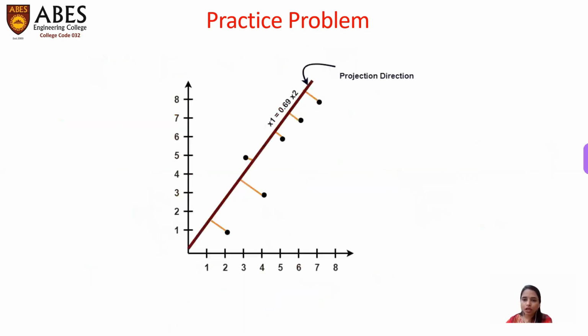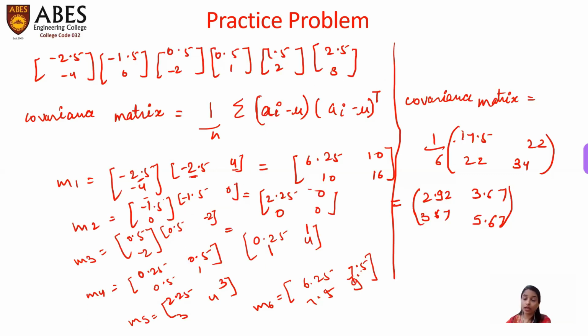So for calculating the eigenvalue and eigenvector, we just need to subtract the lambda matrix from the covariance matrix, 2.92 and so on, with lambda 0 and lambda 0.